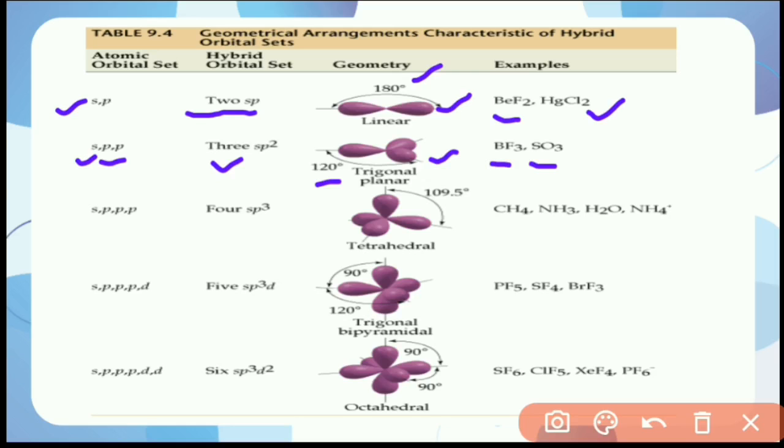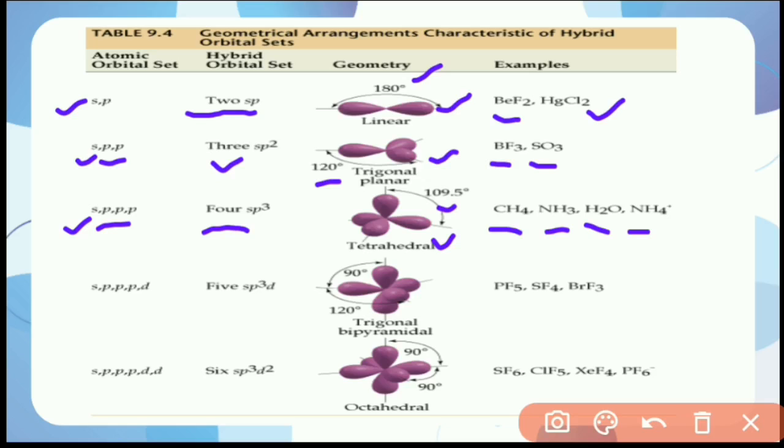Next hybridization is sp3 hybridization. In this hybridization, 1s and 3p orbitals intermix and form 4 new sp3 hybrid orbitals, and these hybrid orbitals are arranged tetrahedrally in space, and the angle formed between the hybrid orbitals is 109.5 degrees. Examples of this type of hybridization are CH4 methane, ammonia, water, and NH4. Next hybridization involving a d orbital is sp3d.